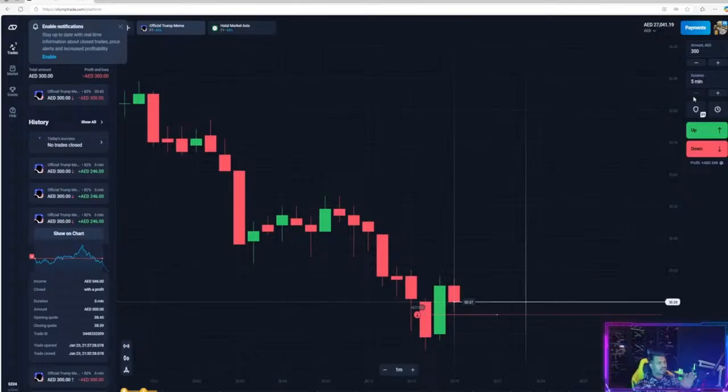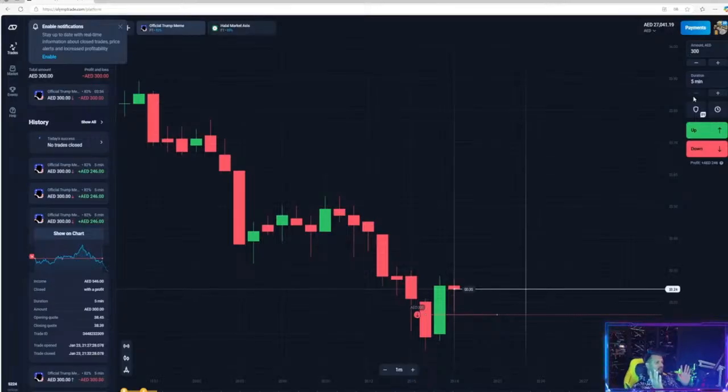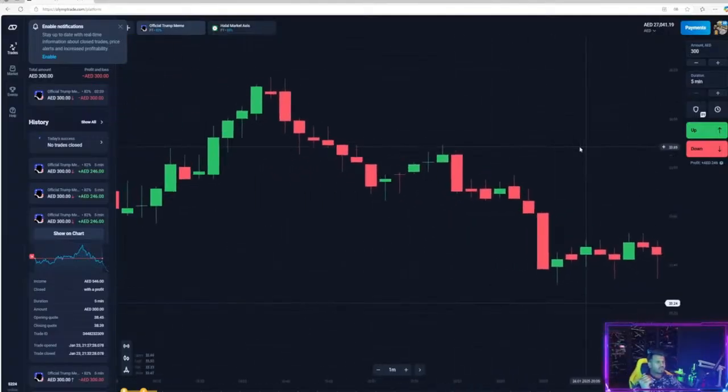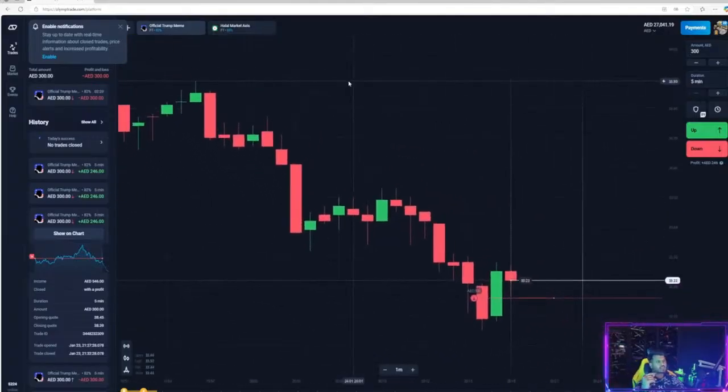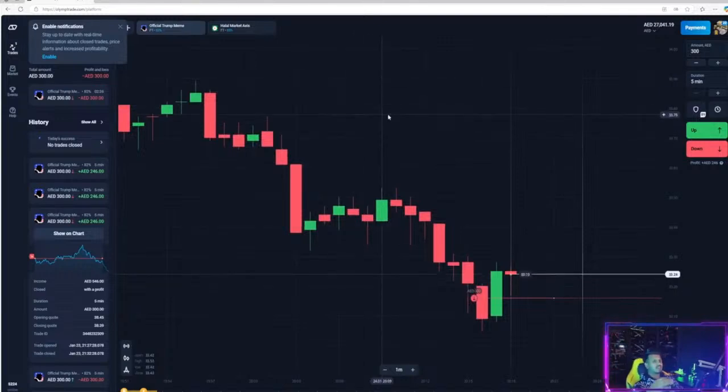So as you can see by yourself here, duration is 5 minutes, and in this duration, what we have to do, guys, is just wait for the 5 minutes for getting the result officially. So this is a drawback, I will say, because I always make trades with 2 minutes, maximum 3 minutes, and I rarely make the 5 minute trades because for this we have to wait a lot of time.